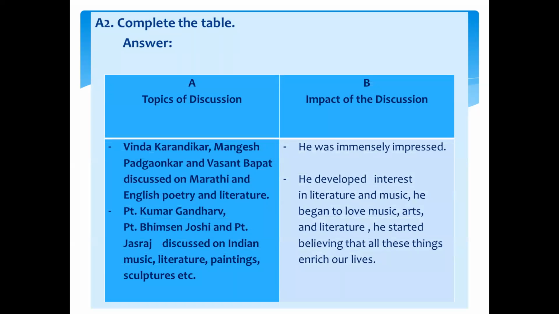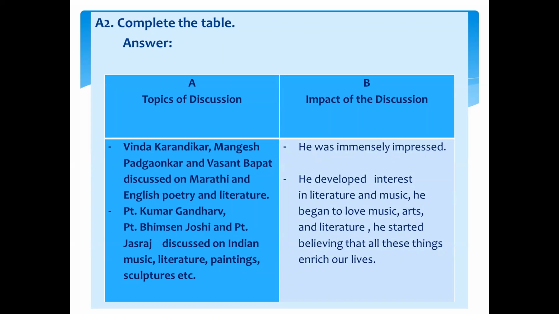Answer A2. Topics of discussion in column A, impact of the discussion in column B. First point: Vinda Karandikar, Mangesh Padgavkar and Vasant Bapat discussed Marathi and English poetry and literature. Impact: he was immensely impressed.